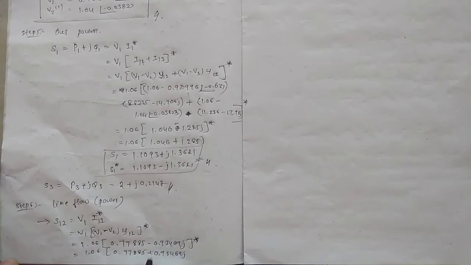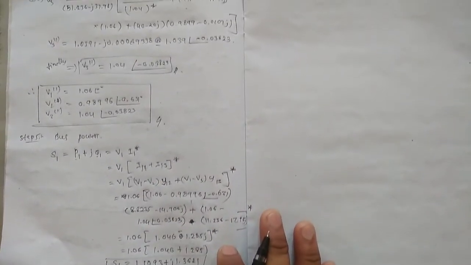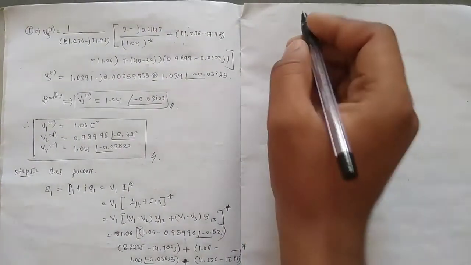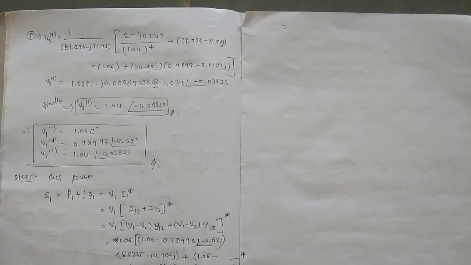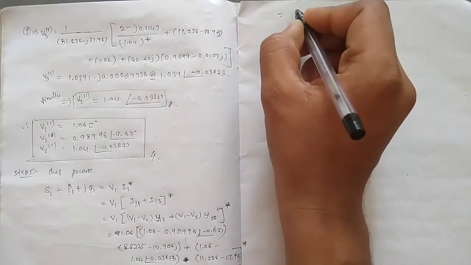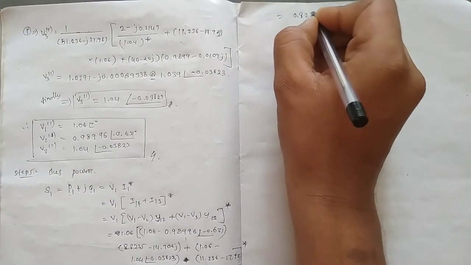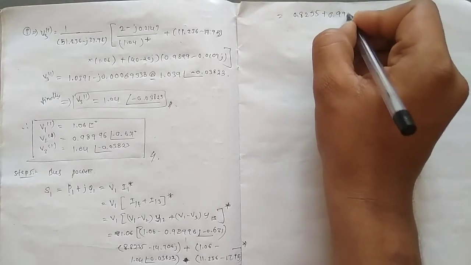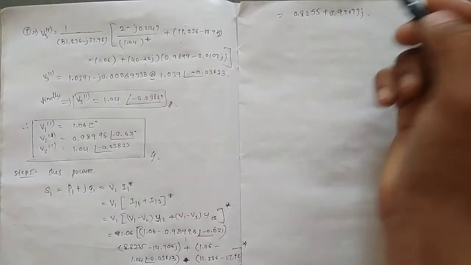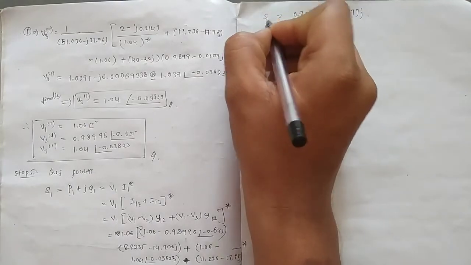Only the imaginary part we have to change the sign. Okay, S12 is equal to, after calculation, we'll get 0.8255 plus 0.9907J. This is S12 we have calculated.